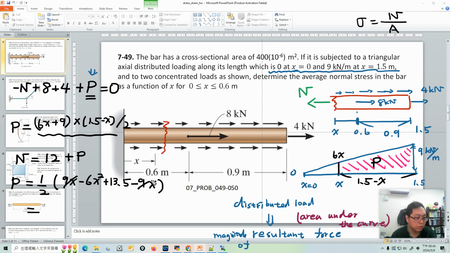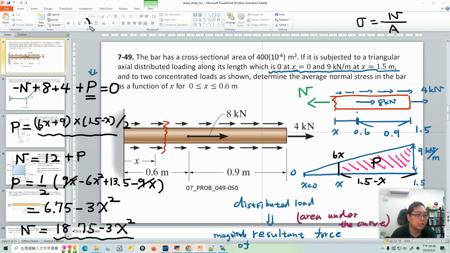Okay, it cancels out, so we have 6.75 minus 3x squared. Our normal force is 12 plus P, so it is 18.75 minus 3x squared, in this section between x equals 0 and 0.6.